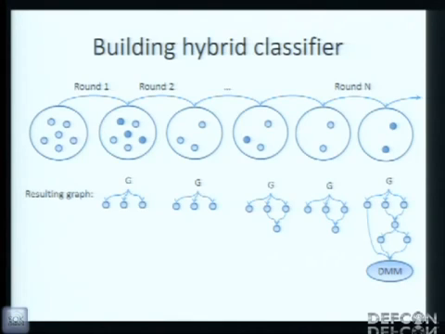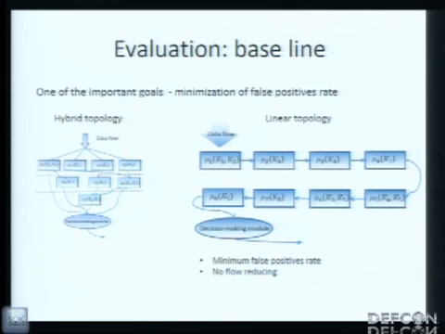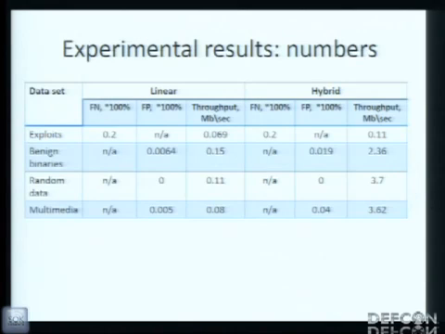So we end up with a decision-making model which analyzes all output from elementary classifiers and concludes the flow to be legitimate or malicious. As one of the important goals of that work was to minimize false positive rate, we noticed that we could achieve such a goal in a simple linear topology, when we execute one elementary classifier after another, and there is no flow reduction in such a case. And here are the evaluation results.